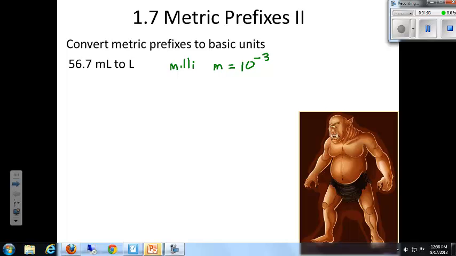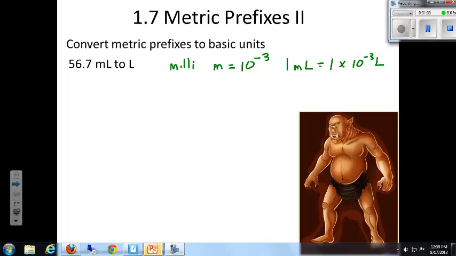It's something you probably just have to memorize. Or you can say 1 milliliter is equal to 1 times 10 to the minus 3 liters. So, just another way of looking at the same kind of thing.